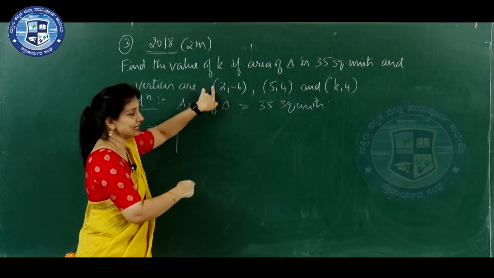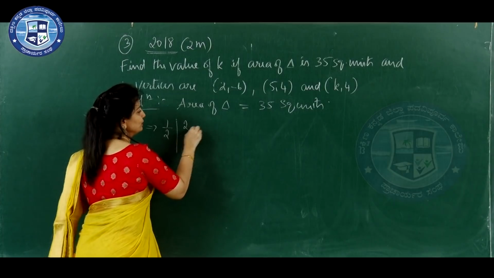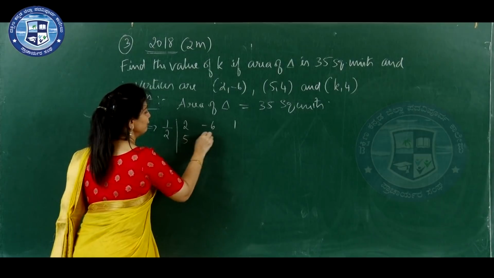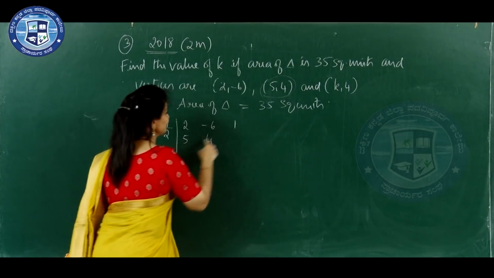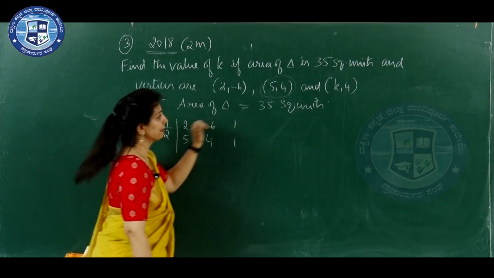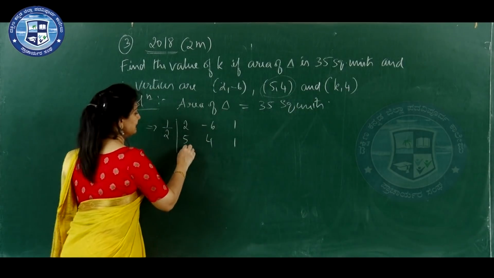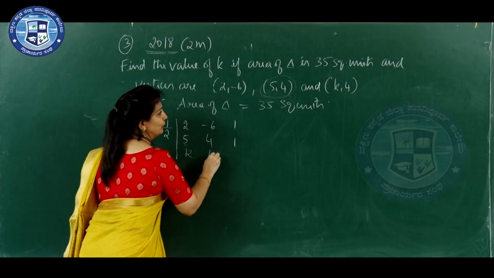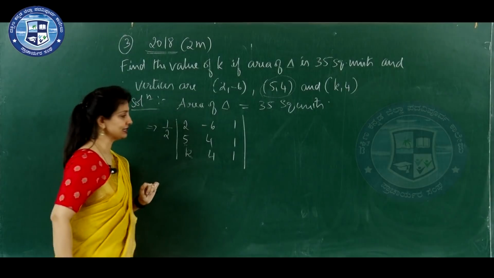The first coordinates are 2, -6, 1. Second coordinates 5, 4, and the third column every element is 1, and third coordinates are k, 4, 1.